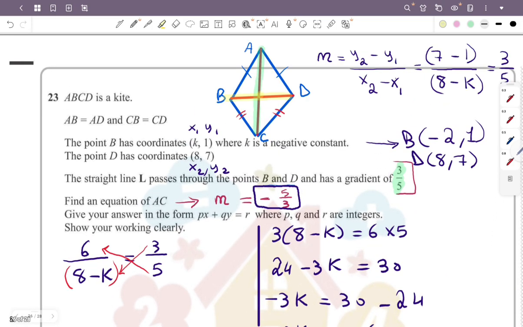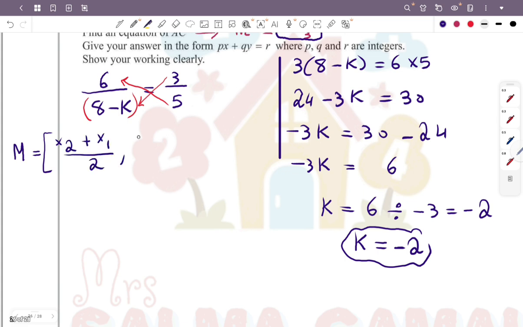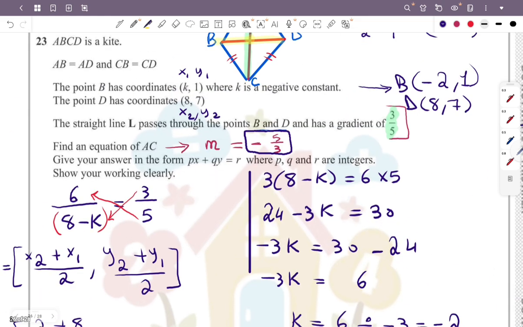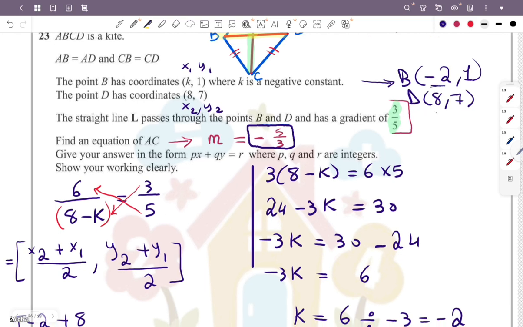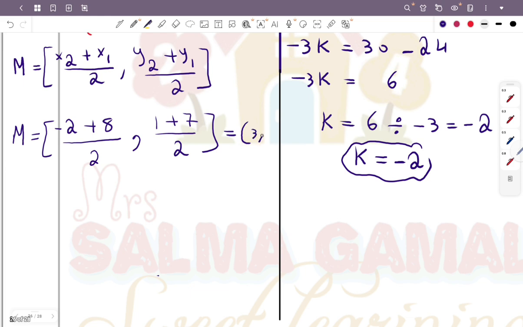The midpoint is ((x2 plus x1) over 2, (y2 plus y1) over 2), so m equals (minus 2 plus 8) over 2 and (1 plus 7) over 2. The midpoint should be (3, 4).